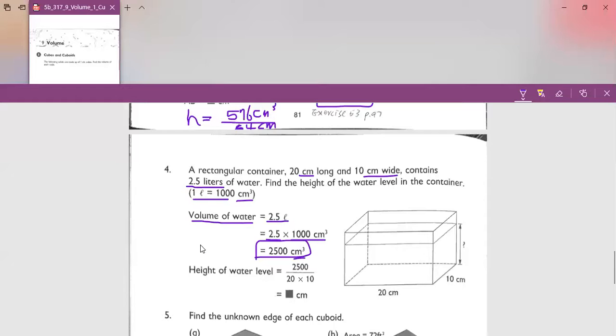So we have the formula, the volume equals the length times the width times the height, right? Now we have the volume, 2,500, equal to the length. Okay, so what is the length? Ricky, can you tell us?